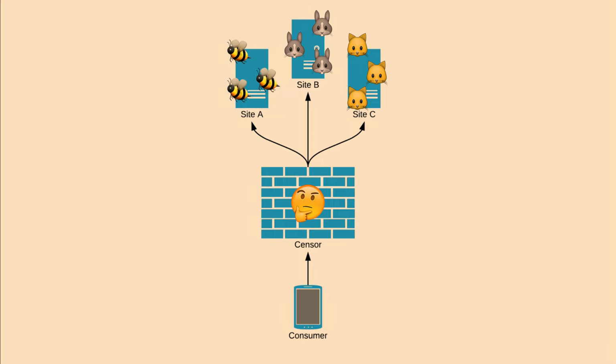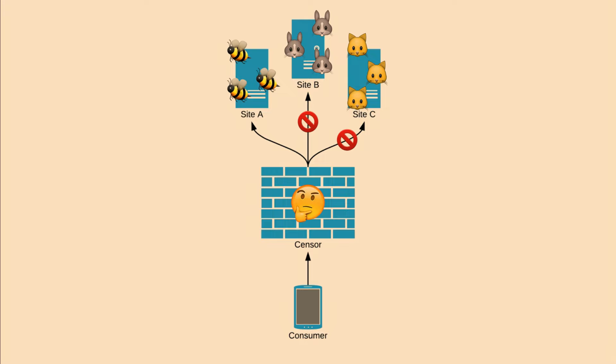For instance, maybe the censor thinks that you may not like watching cat videos on the internet, so he says no. He forbids you to connect to popular sites where you can watch cat videos. Let's suppose the censor does not like animals with large ears, so he forbids the access to rabbit sites.